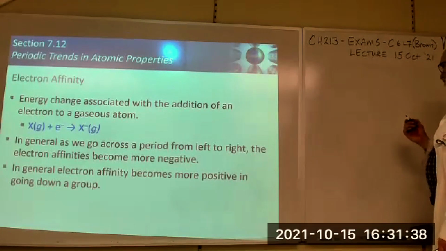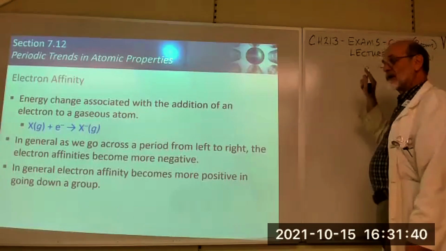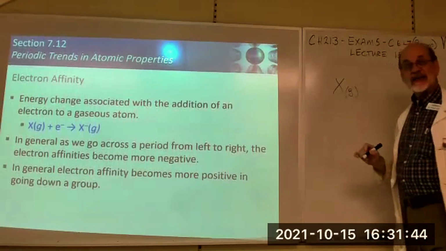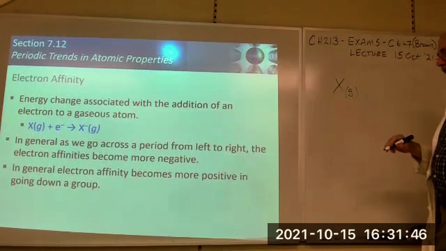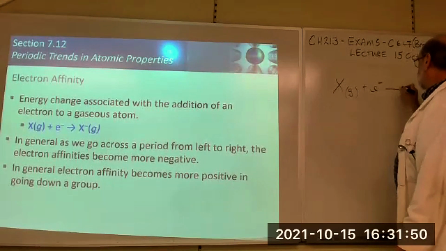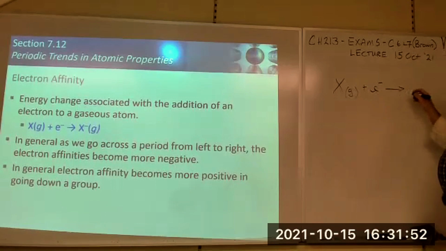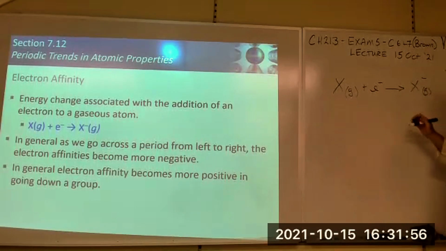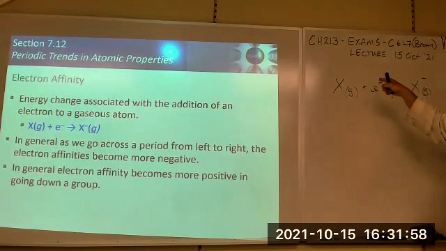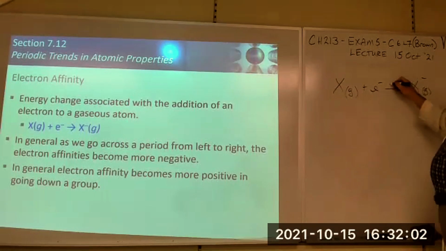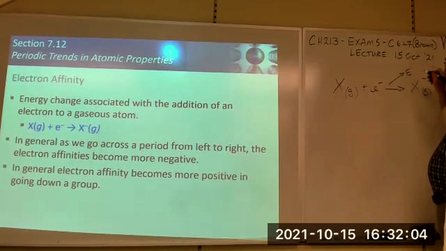Electron affinity. Electron affinity starts with the gas atom again. And now we're going to measure the strength of the attraction here. That gives you this ion. Now, when that happens, which way does the energy move? The energy moves out.